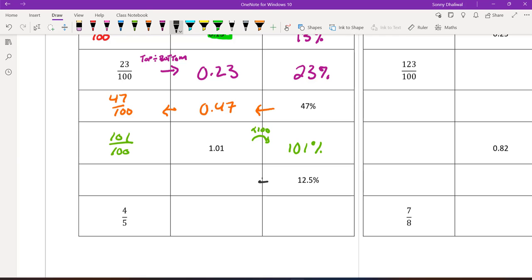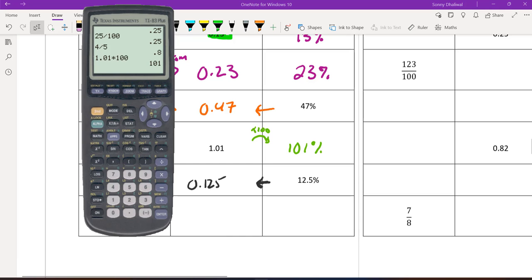What would 12.5 percent be written as a decimal? What, Nicholas? 0.125. We take the number and we divide by 100. 12.5 divided by 100, 0.125.